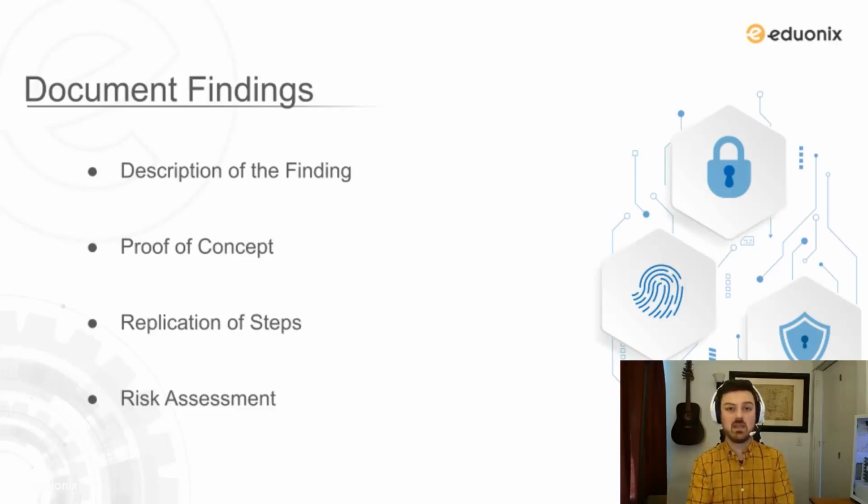Actually proving that this vulnerability can be exploited, whether it's showing code, the tool test results, screenshots, whatever gets your point across that this is a vulnerability and this is the proof. And it's important in getting that urgency across, right?